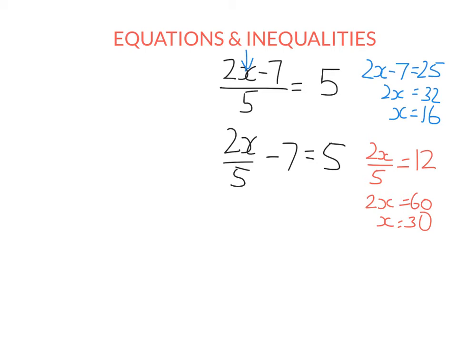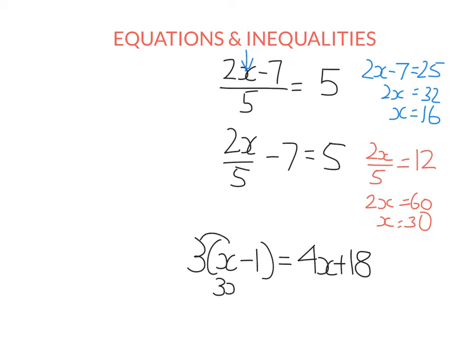So remember, if you have an x on both sides of the equation, as we will in this one, what you need to do is you need to first get x to one side of the equation. So here I'm going to expand the brackets first to do that. So 3 times x, 3 times negative 1.